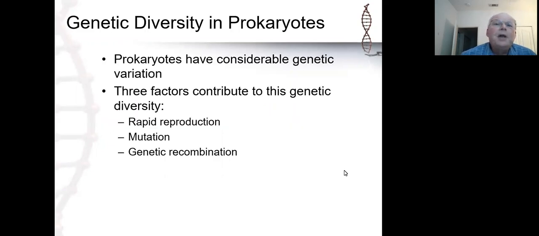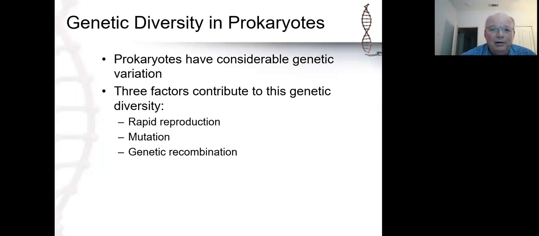So another feature that makes prokaryotes really successful is the fact that they have a lot of genetic variation. Now, you might think, well, they only reproduce asexually. They don't reproduce sexually. And we know from previous discussions that sexual reproduction is critical for maintaining genetic variation.